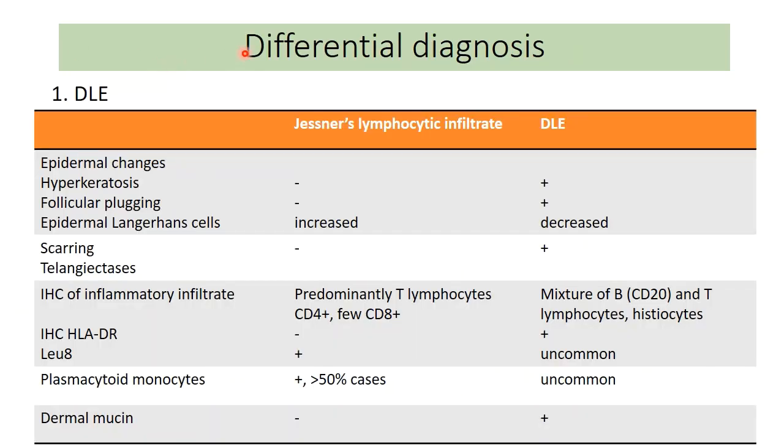The differential diagnoses are, first, discoid lupus erythematosus. It will be differentiated by the epidermal, dermal, and immunohistochemical features.